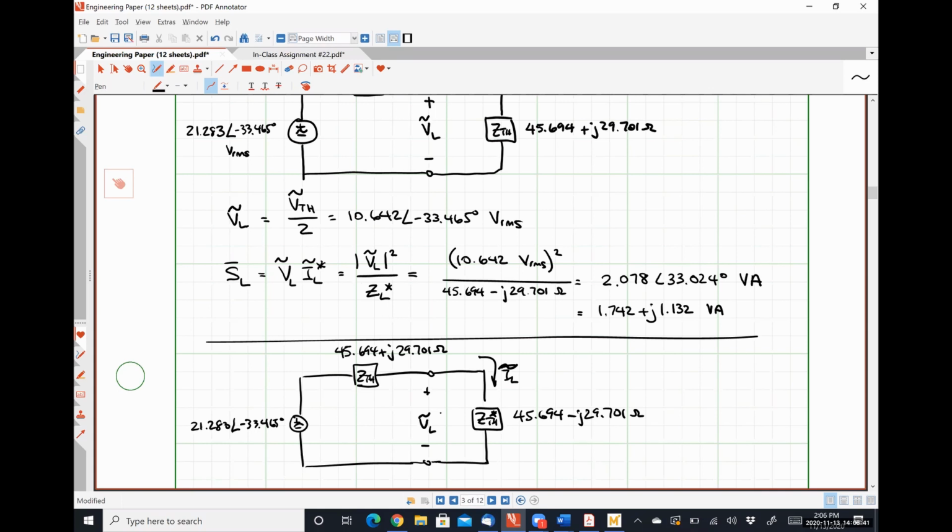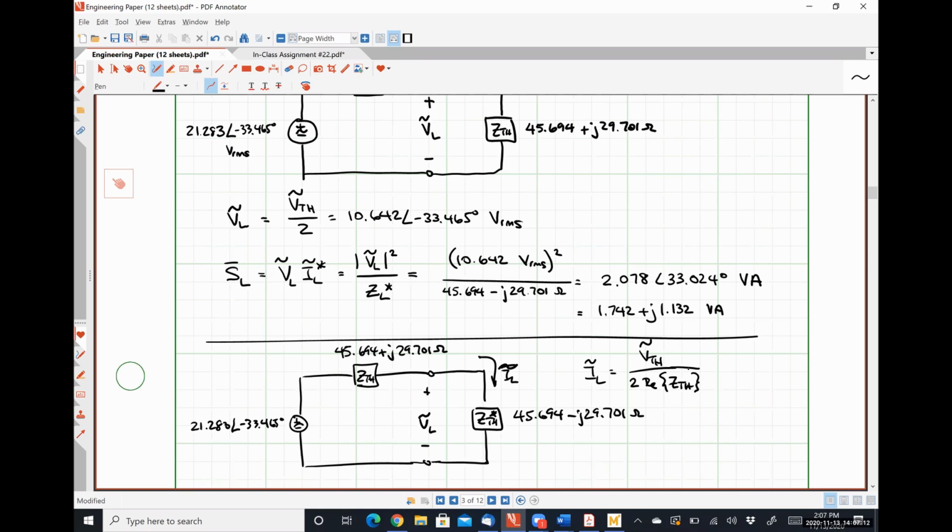So we have ZTH in series with ZTH conjugate, right? So by definition, the imaginary parts cancel each other out. So we could find our current IL is simply going to be VTH divided by twice the real part of ZTH.